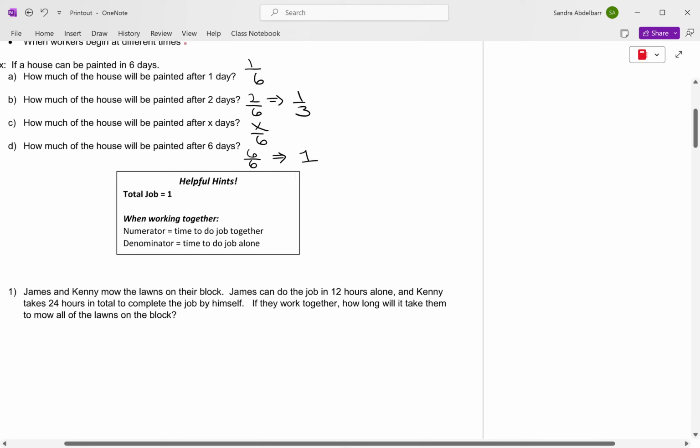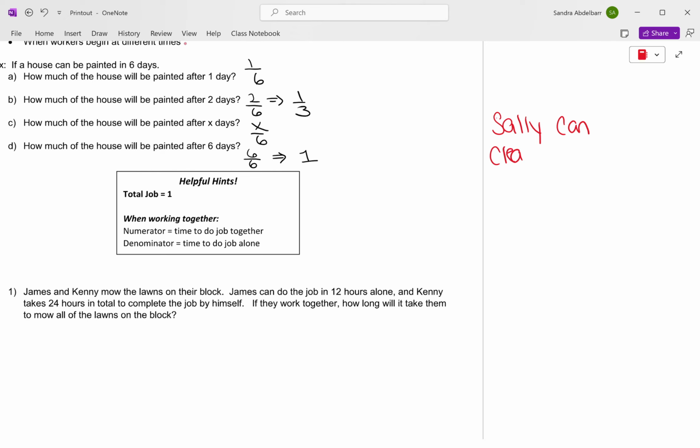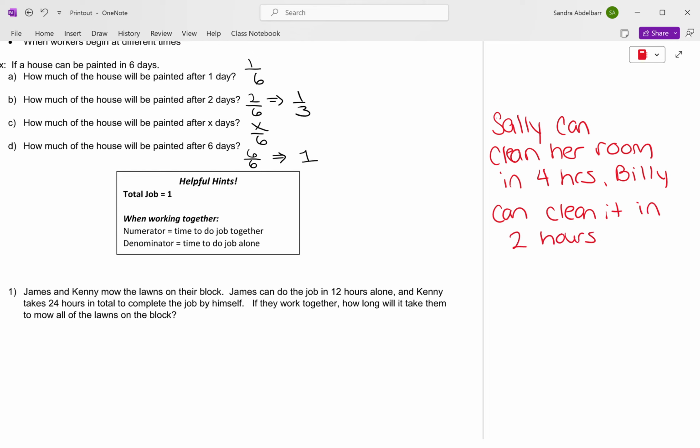So let's say Sally can clean her room in 4 hours. Billy can clean it in 2 hours.